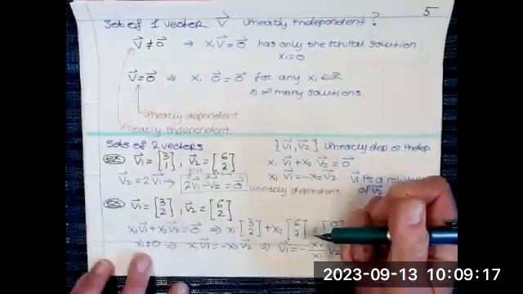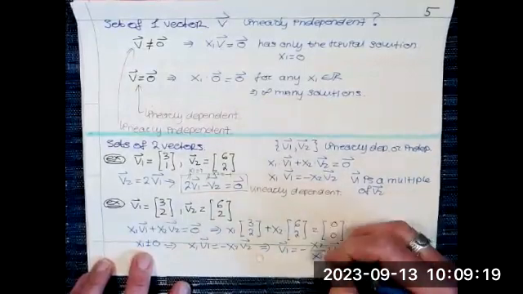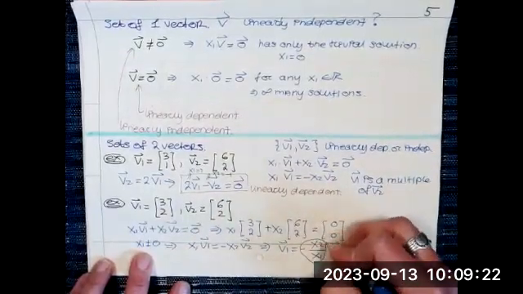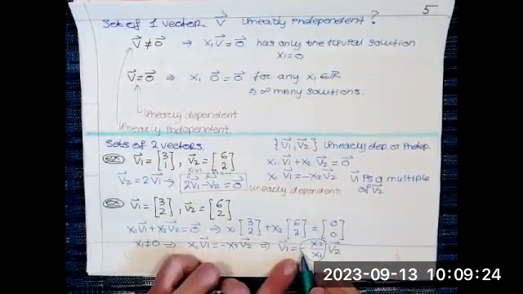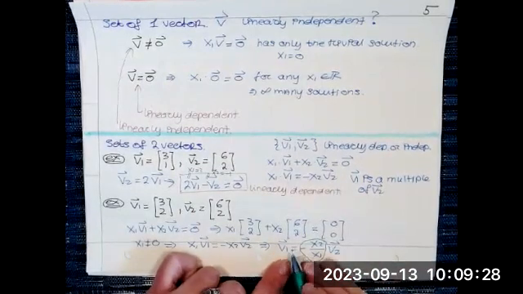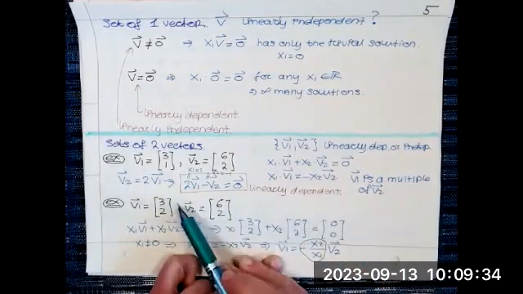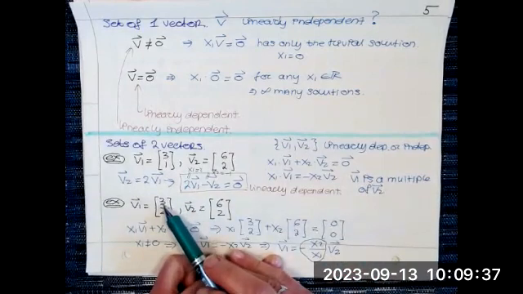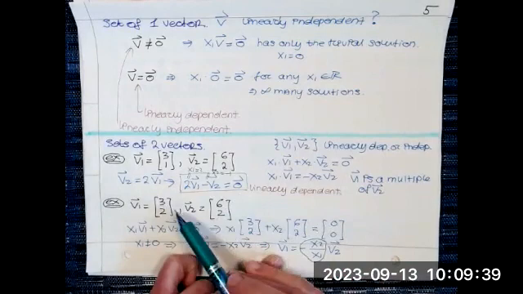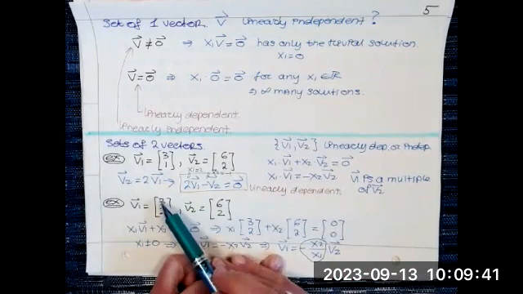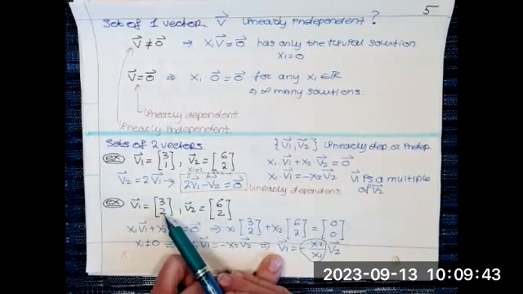So if x1 was not equal to 0, then I should have that v1 is minus x2 over x1, which is just some constant, times v2. So v1 would have to be some constant multiple of v2. But in this case, it's not the case, right? Because for my first component, 3 and 6, 6 is twice 3, but 2 is not twice 2.